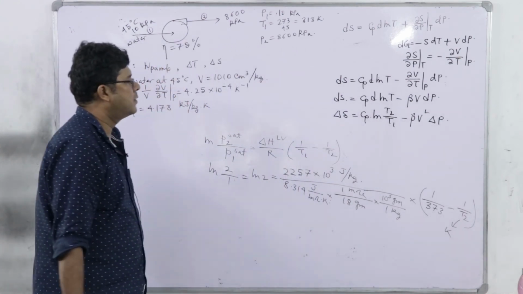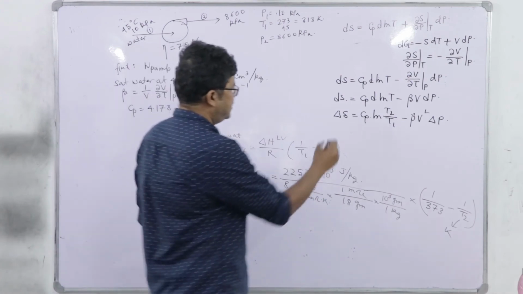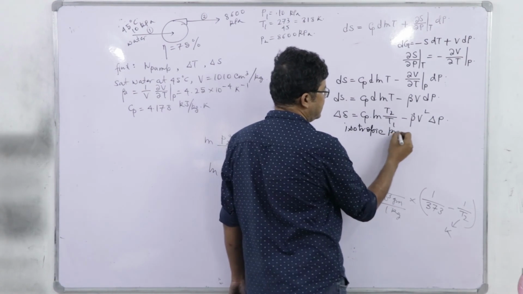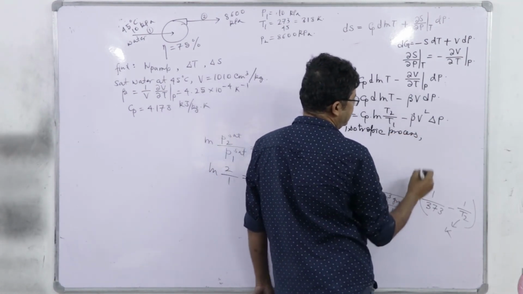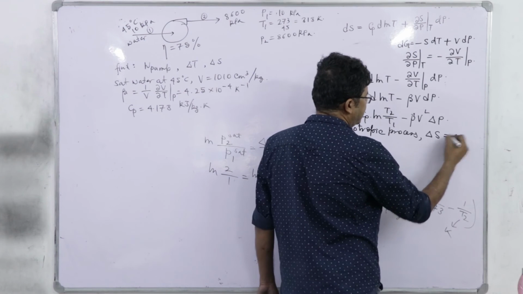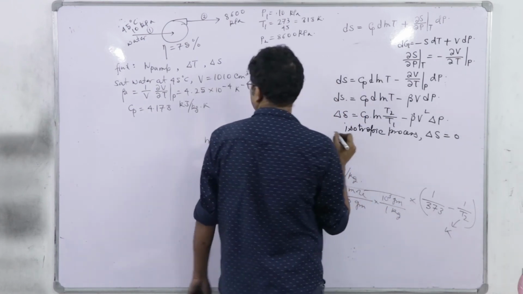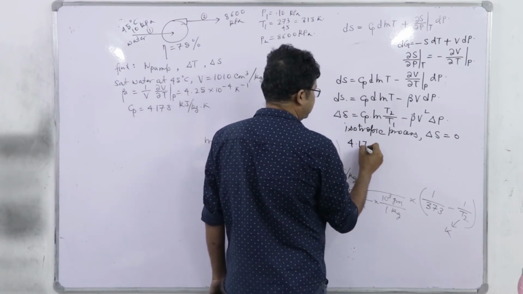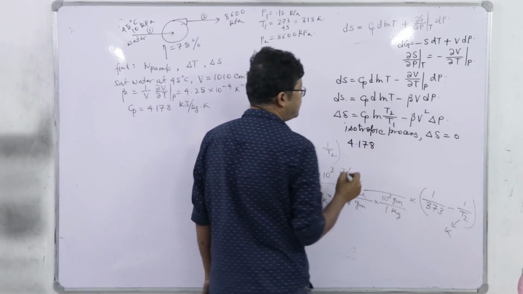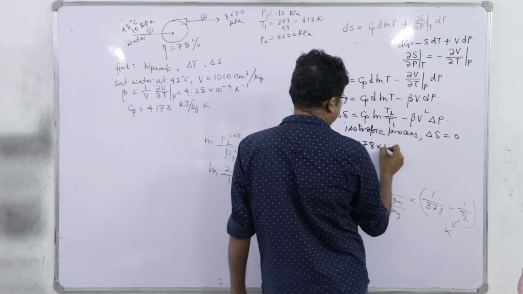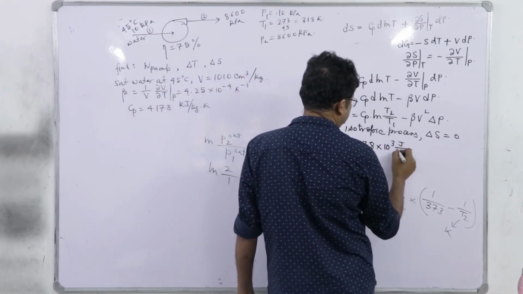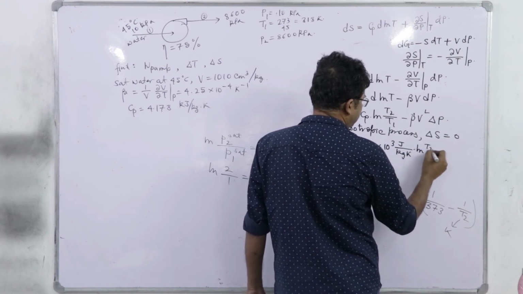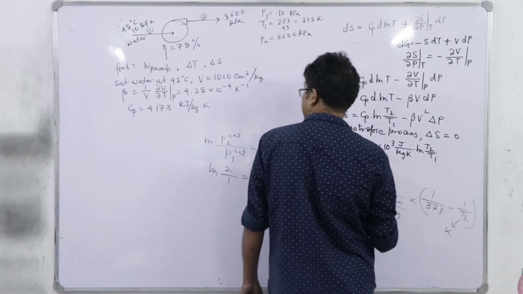Okay. So, first we will consider isentropic process, right. So, isentropic process means delta S is equal to 0. So, Cp you see is 4.178 into 10 to the power 3 joule per kg per Kelvin into ln of T2 by T1 minus beta.